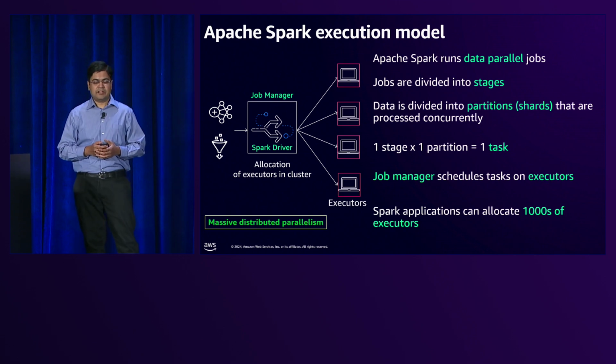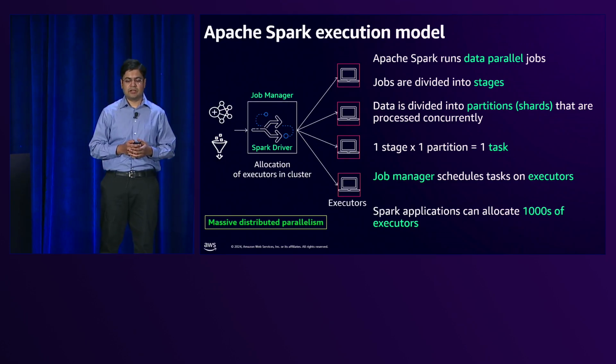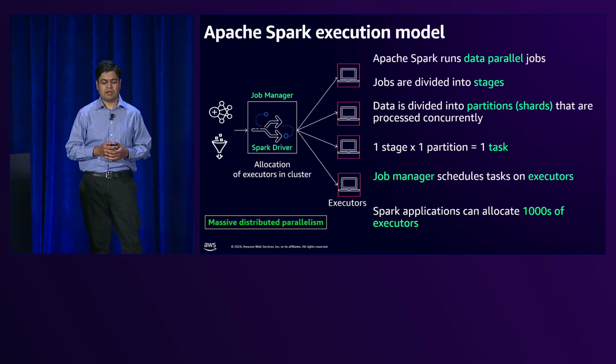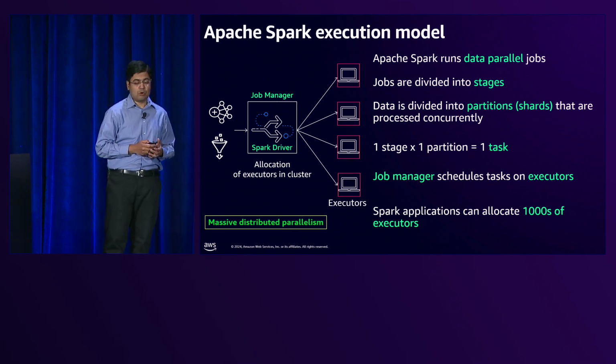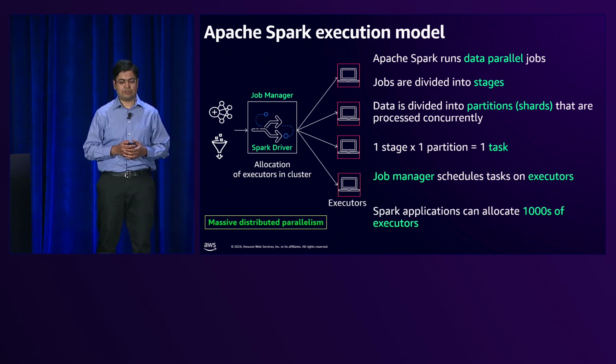Apache Spark is a distributed system, and there are two primary capabilities of Spark which make it one of the most popular data processing engines today. First is the massive distributed parallelism it offers for executing your big data workloads. And second is its flexible programming interface that differentiates it from other data processing platforms. Internally, both Glue and EMR manage Apache Spark applications by allowing customers to run several data parallel jobs concurrently.